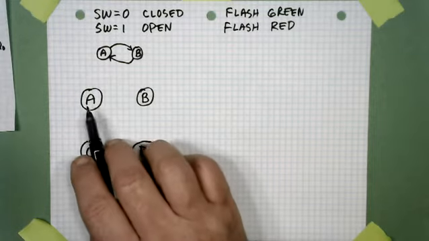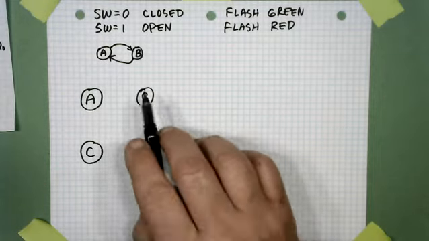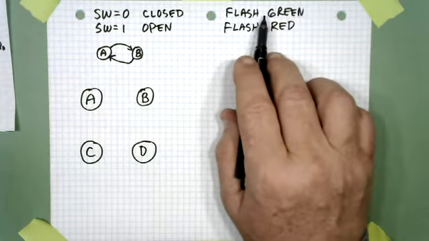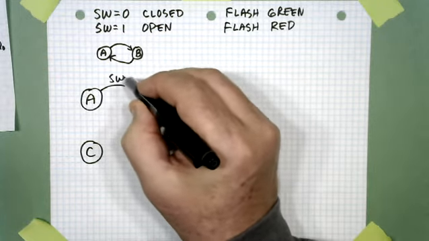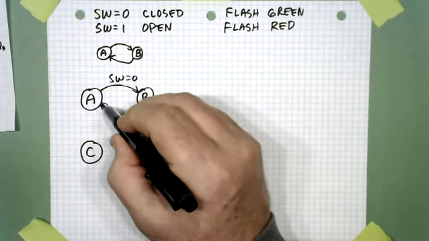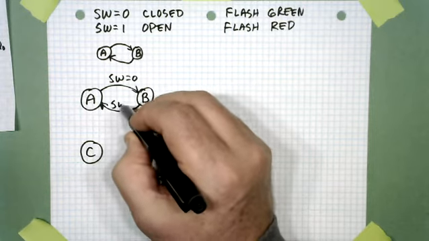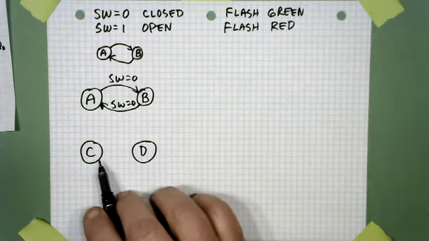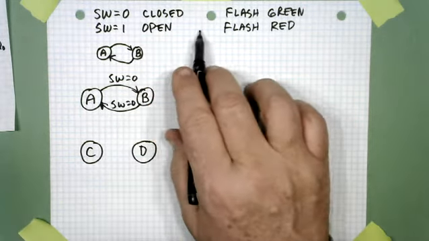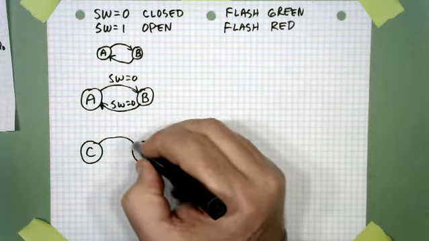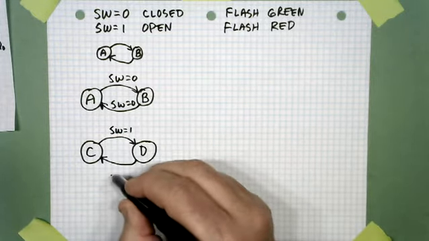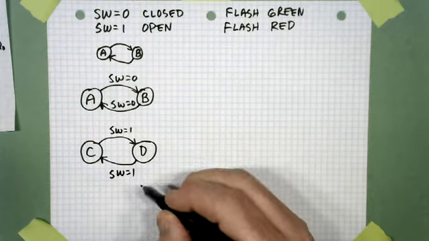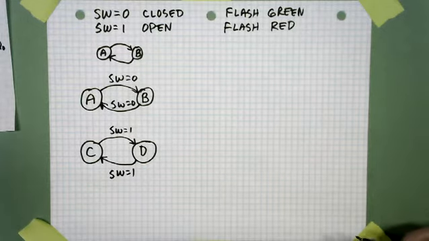Alright, so if we assume A and B are associated with green, then when the switch is closed, we want to flash green. So that would mean when SW equals 0, we're just hopping back and forth. Right? And by symmetry, when the door opens, we have to flash red, so we would be hopping continuously back and forth between the red states as long as the switch is in the open state.